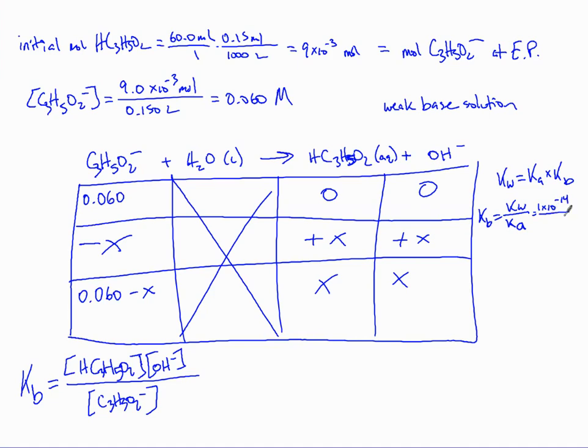Ka for this acid, you have to look up at the very top of the page, 1.3 times 10 to the negative fifth. That gives us Kb, 7.7 times 10 to the negative 10th.